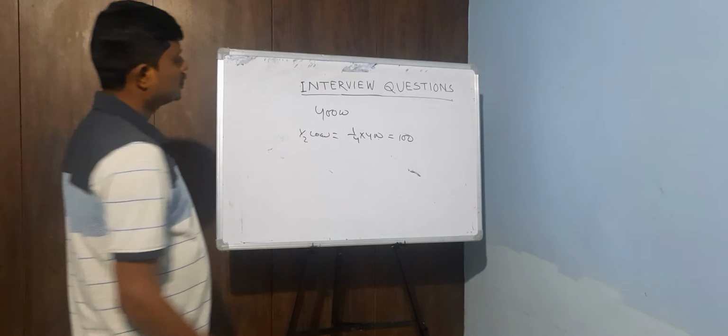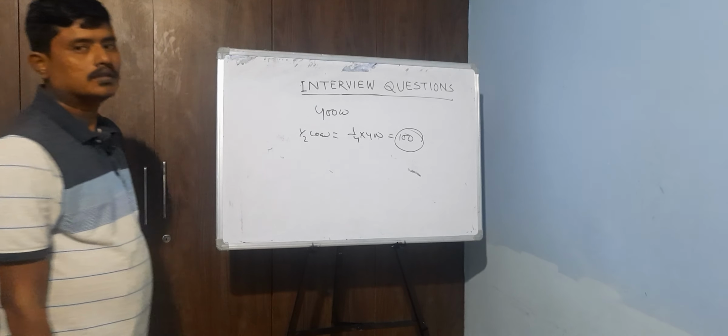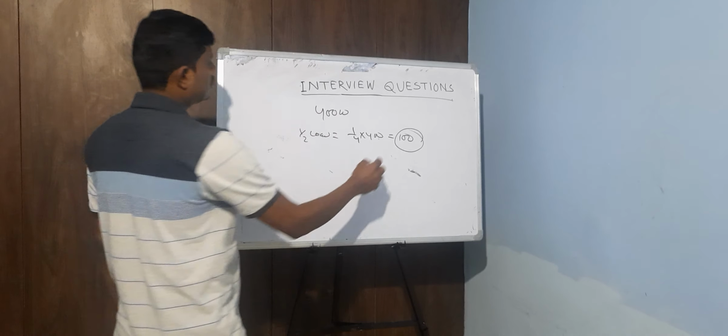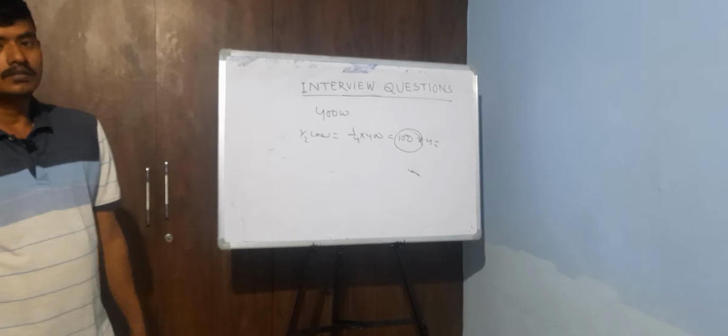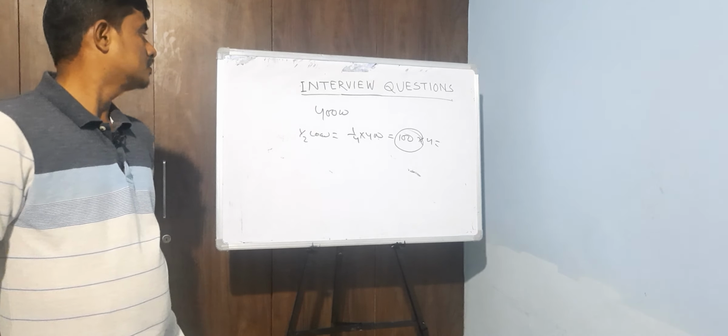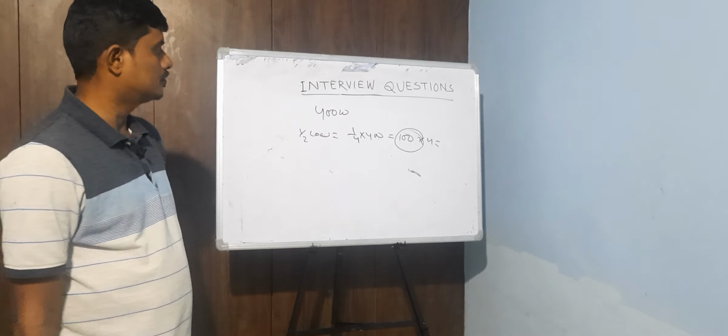Again, when the half load loss is given as 100 watt, the full load loss is 4 times, that is 400 watt. But the core loss is constant. It doesn't depend upon the load.